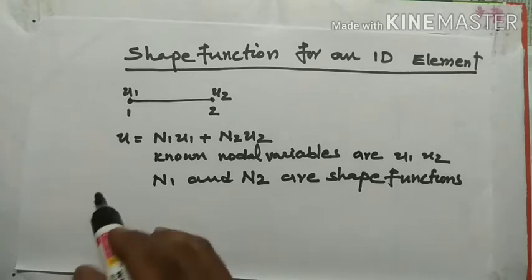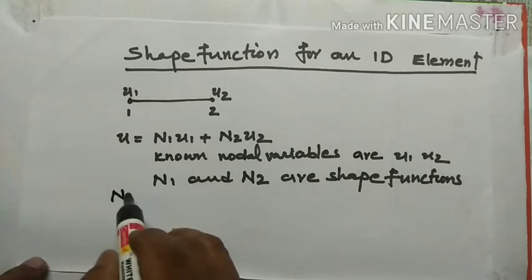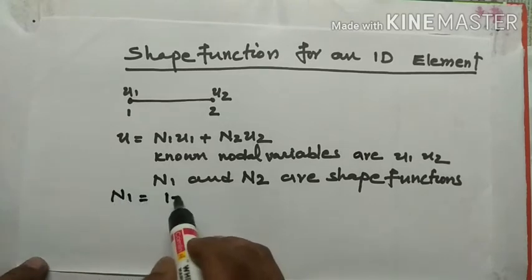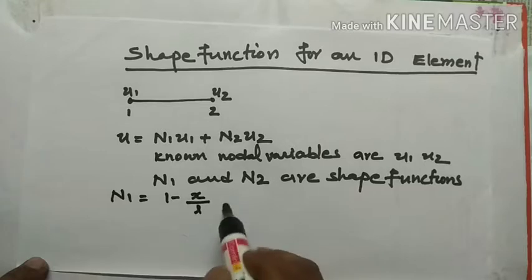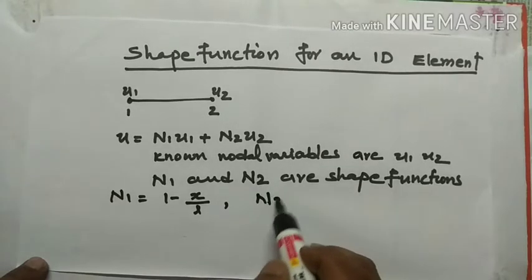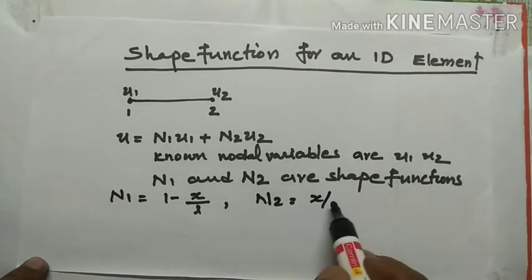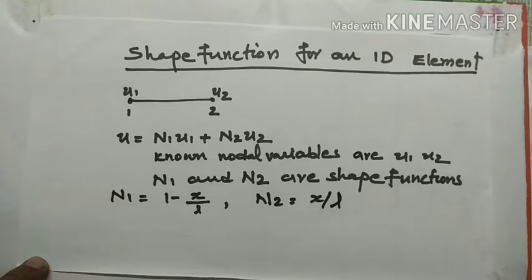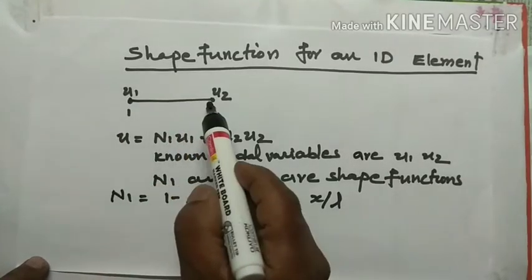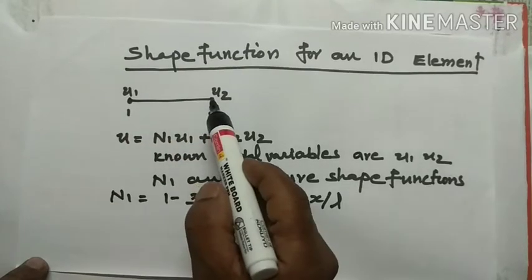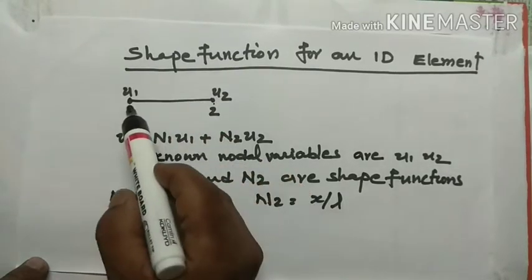Where n1 is equal to 1 minus x by L and n2 is equal to x by L, where x is the distance of any point in the element from the first node.